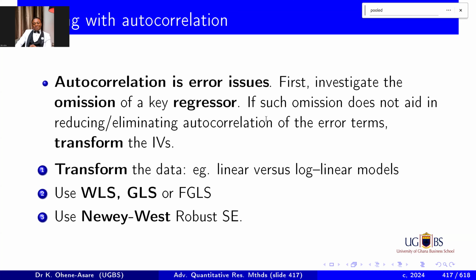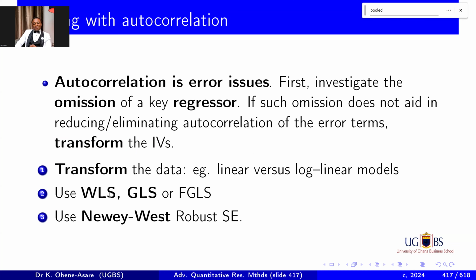You remember that even in heteroscedasticity, we were transforming the variables. The same variable transformation approach we use there, you can use here. How? By converting them from log-level to log-linear, or log-log, and all of that. That's what I mean by transformation.